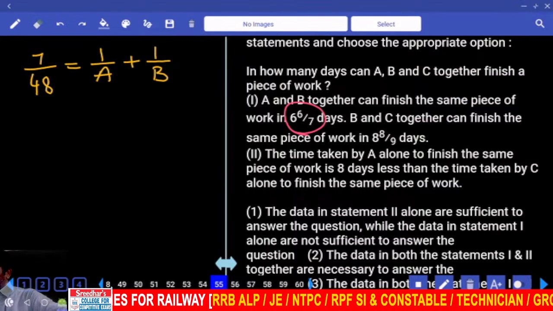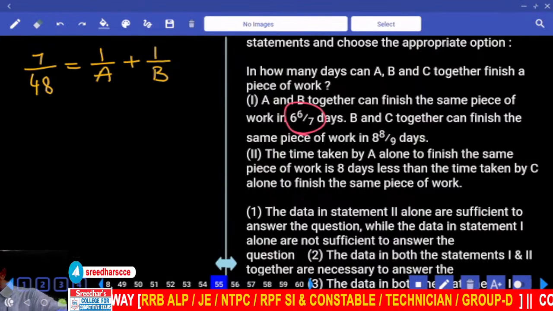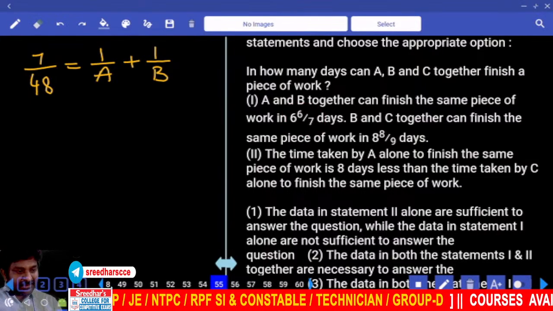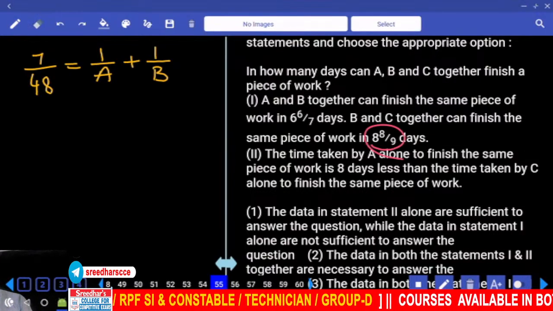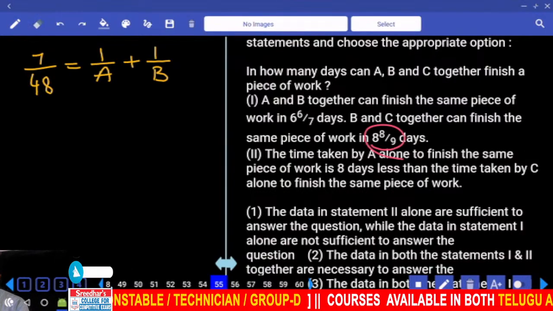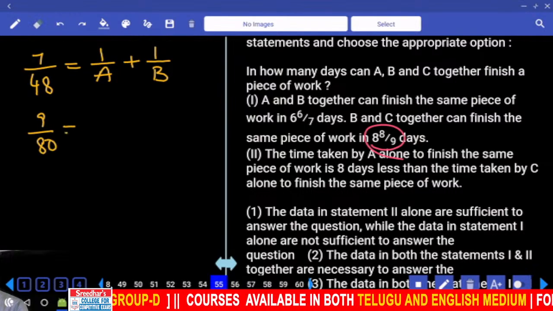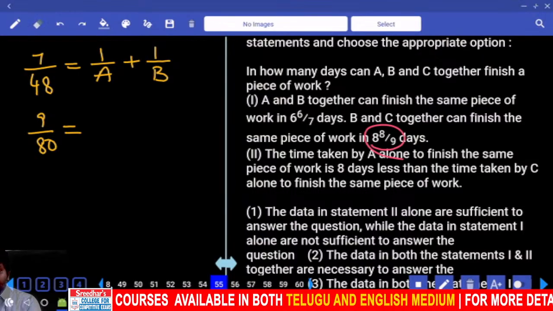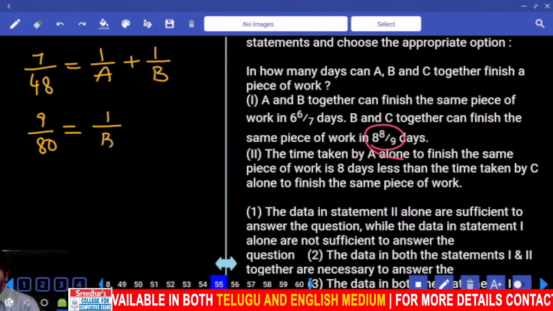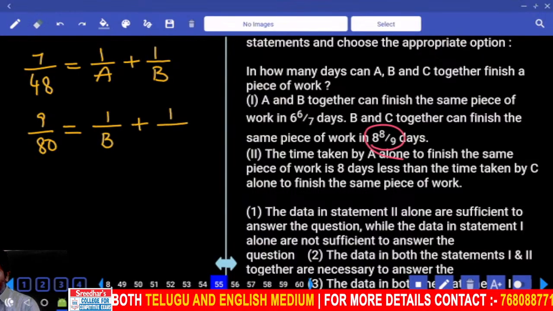Two variables are there, one equation is there. It cannot be done. Next. 8 by 9 days, 80 by 9. One day's work is 9 by 80, which is the work done by one day's work of B and one day's work of C.